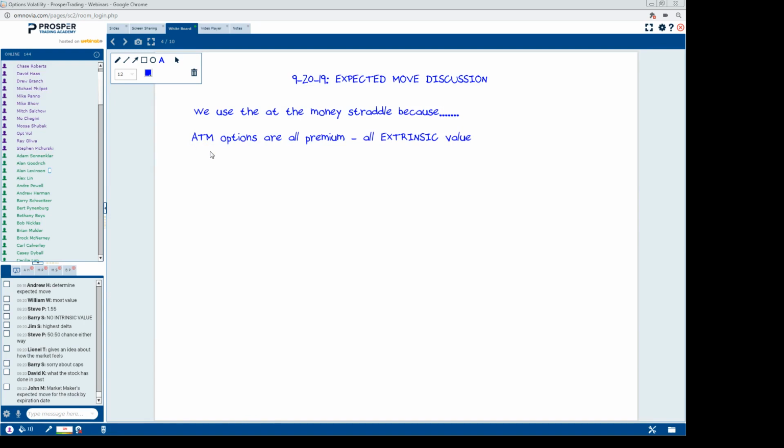So what option prices reflect is a certain implied volatility at a certain point in time based on market conditions, okay? And we all know that the more time to expiration, the more premium there's going to be.